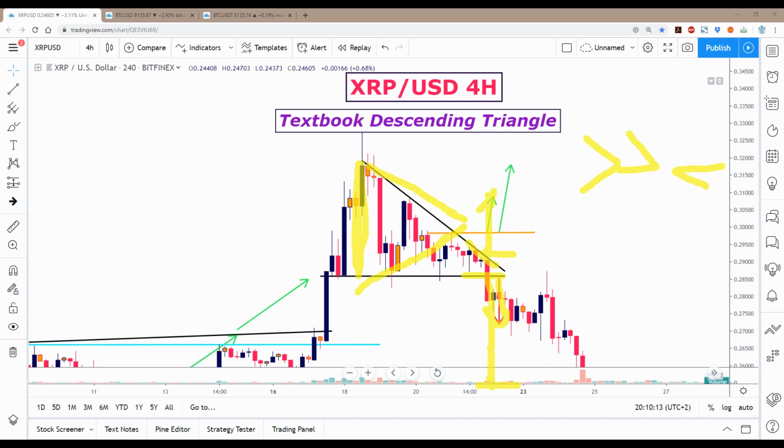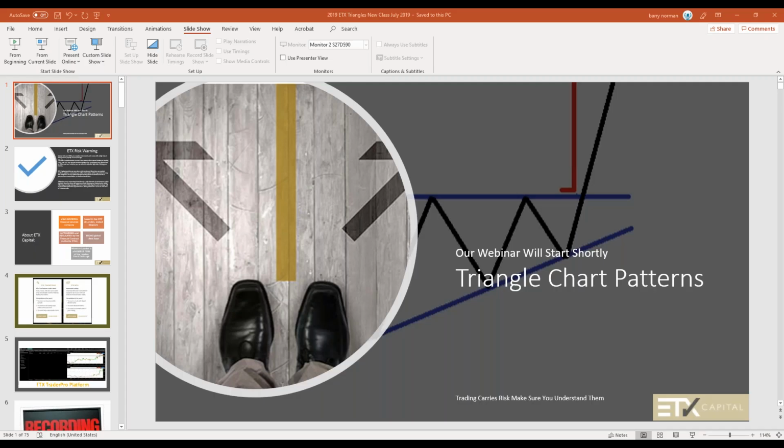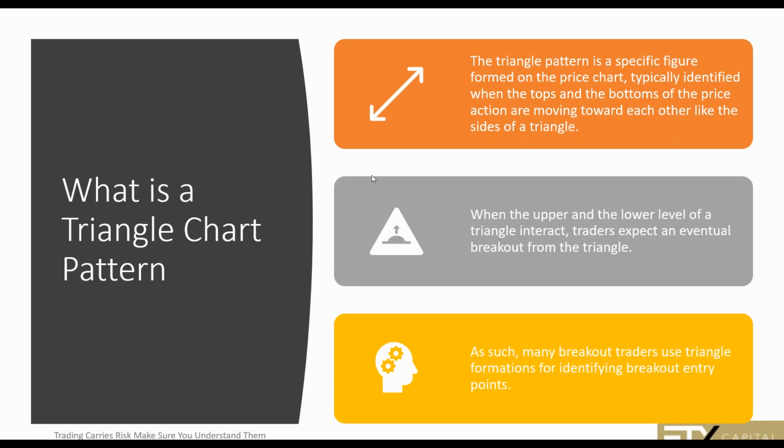Now you see what a triangle looks like and what the patterns look like. Let's talk a little bit more about why you need to know these things. A triangle pattern is a specific figure formed on a price chart, typically identified when the tops and the bottoms of price action are moving towards each other like the sides of a triangle.